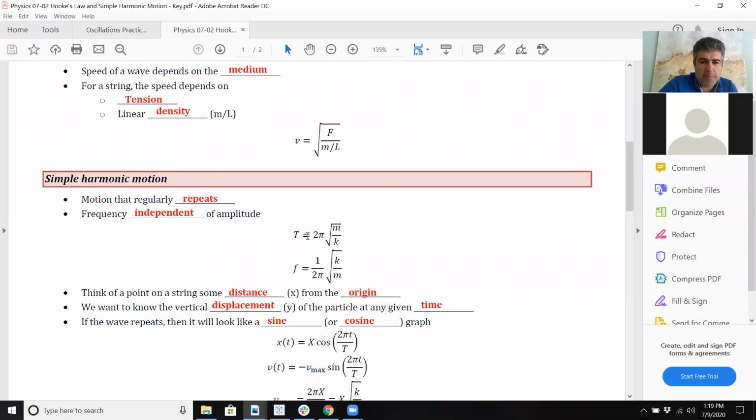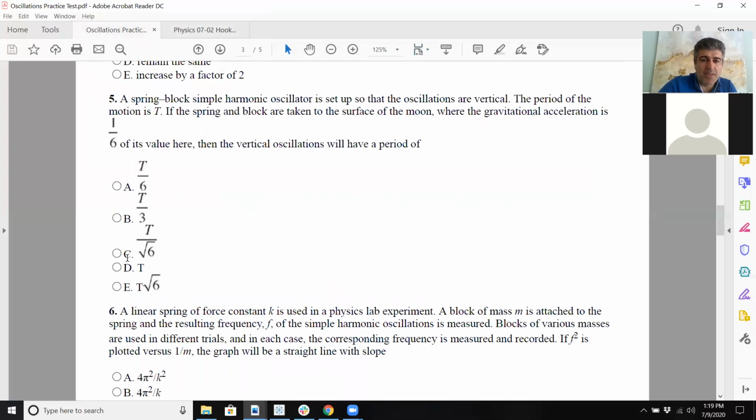Period is just simply capital T here, the reciprocal of frequency. This is 2 pi times the square root of mass over K. It doesn't look like gravity actually impacts it. The spring constant matters, the mass matters, but gravity is not going to impact it. That's why the answer is D. It doesn't matter, so we don't worry about that at all.